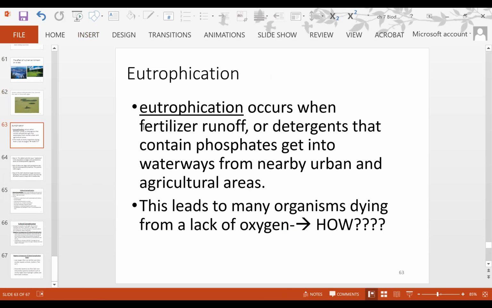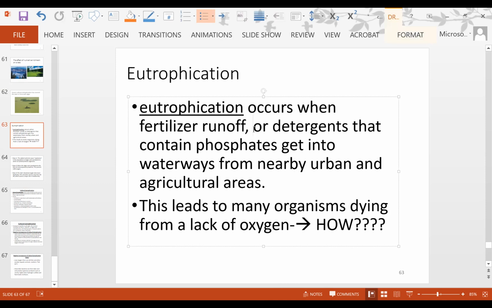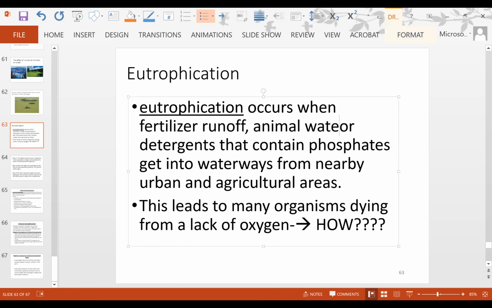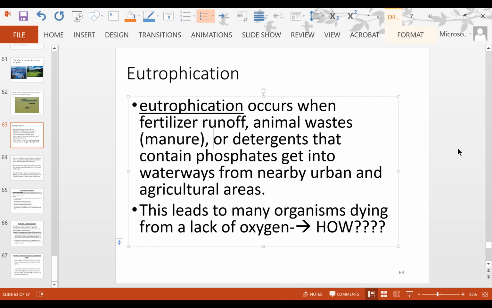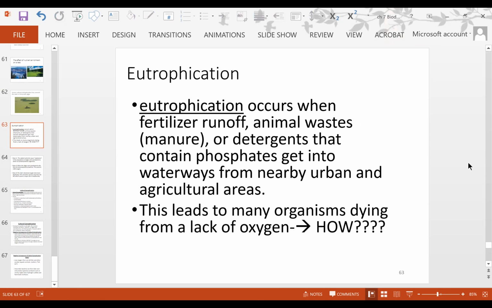Now, with fertilizer, we could also add animal wastes. That would be like manure. And ultimately, eutrophication leads to many organisms dying from a lack of oxygen.